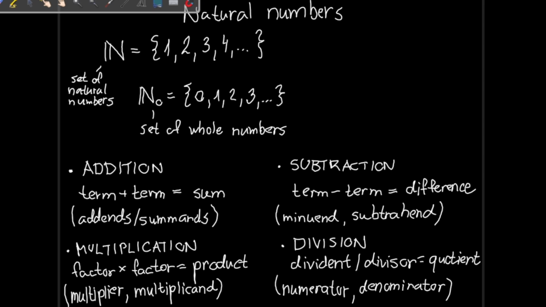And also for the division, we need to be careful. The quotient might not be a natural number. This quotient can also be a real number, let's say, or a decimal number, obviously. But we are talking about natural numbers here. So these are some extra rules we need to be careful about.